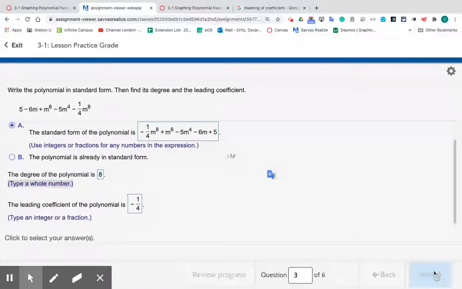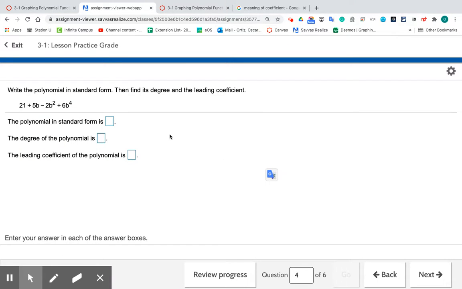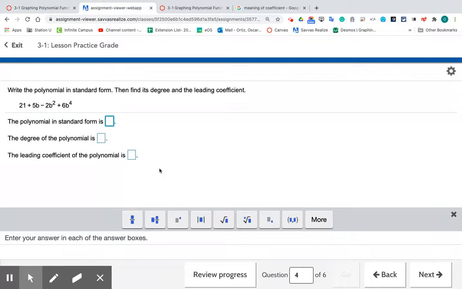So let's move on to the next one. Polynomial in standard form. I will let you guys do that one, but you can see that you will start with 6b to the 4th. Well, actually, it takes a little bit long for me to do it here. So, but I'm okay.